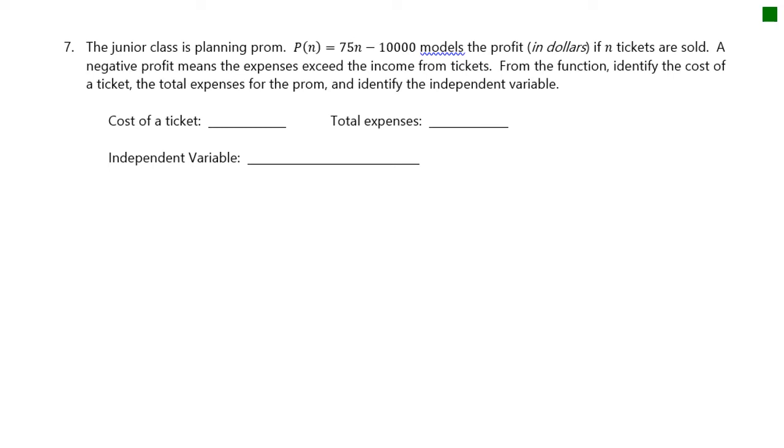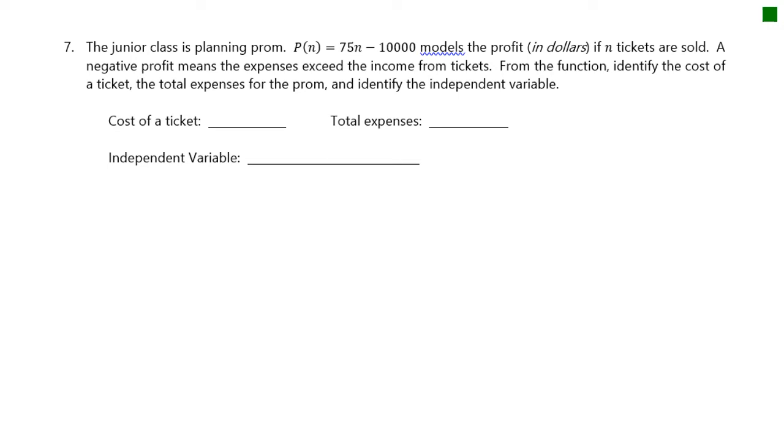All right, next one. It says the junior class is planning prom. P(N) = 75N - 10,000 models profit in dollars if N tickets are sold. With just the very first sentence, I need to know what we are talking about.